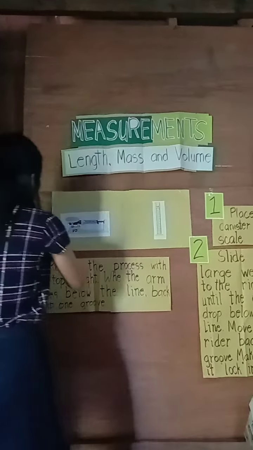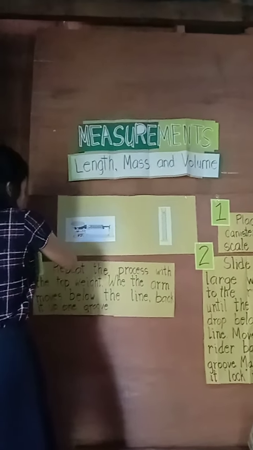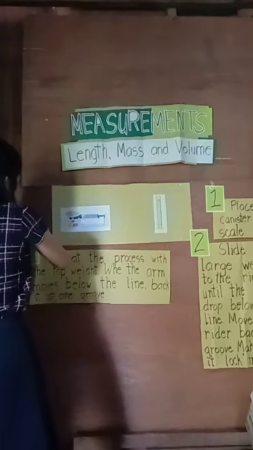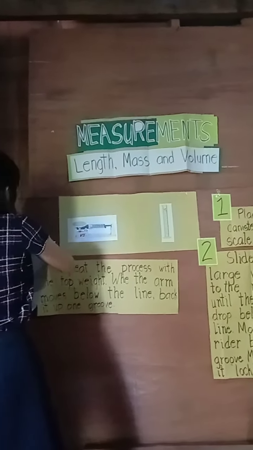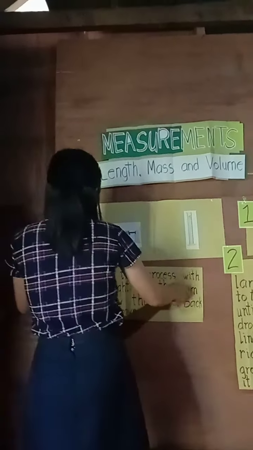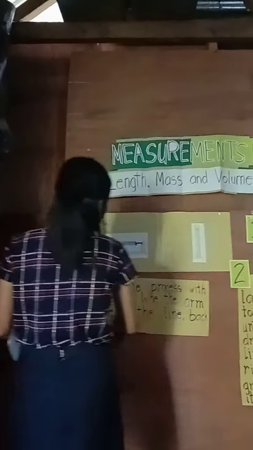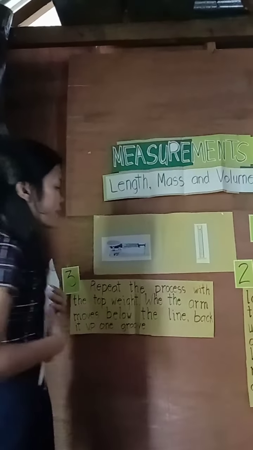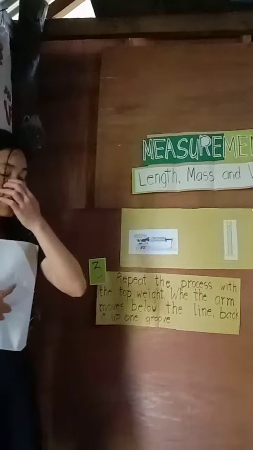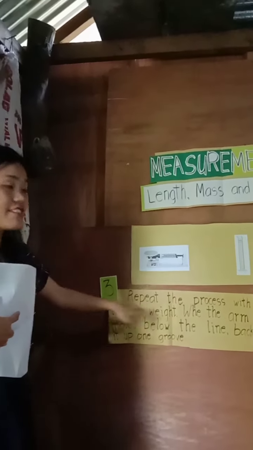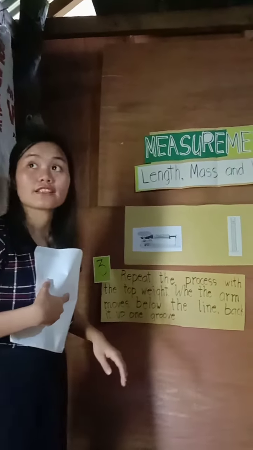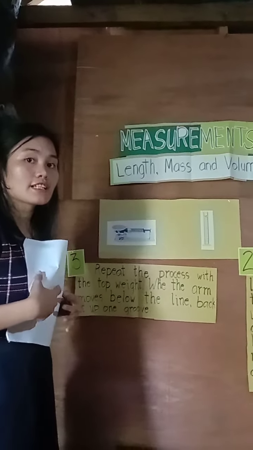I will not remove the picture, so you will have a vision of what a triple beam balance looks like. Is it clear from the back? Can you see it?